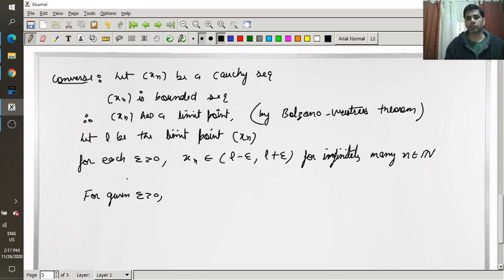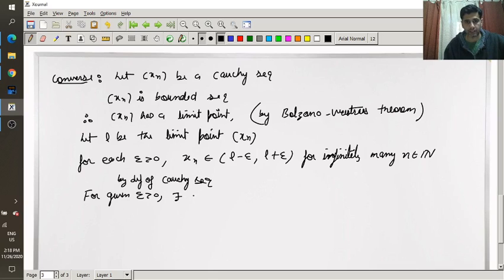Now since this sequence is also a Cauchy sequence, by the definition of Cauchy sequence, for this given epsilon, which we have considered here by taking a limit point, for this same epsilon we can find a stage.